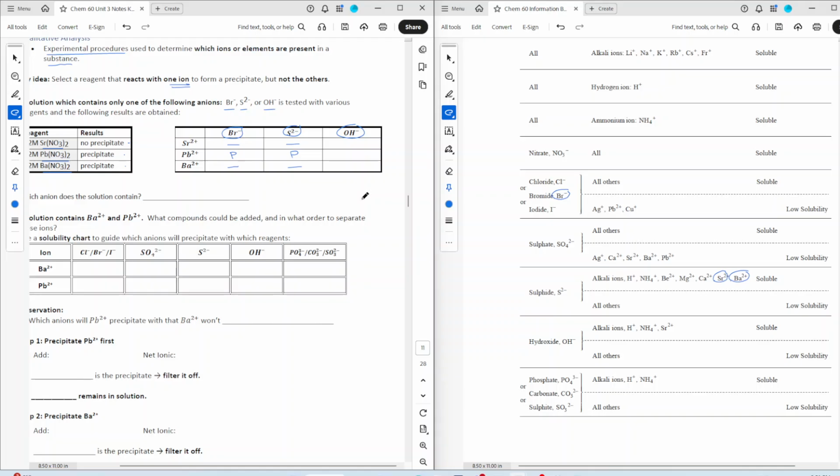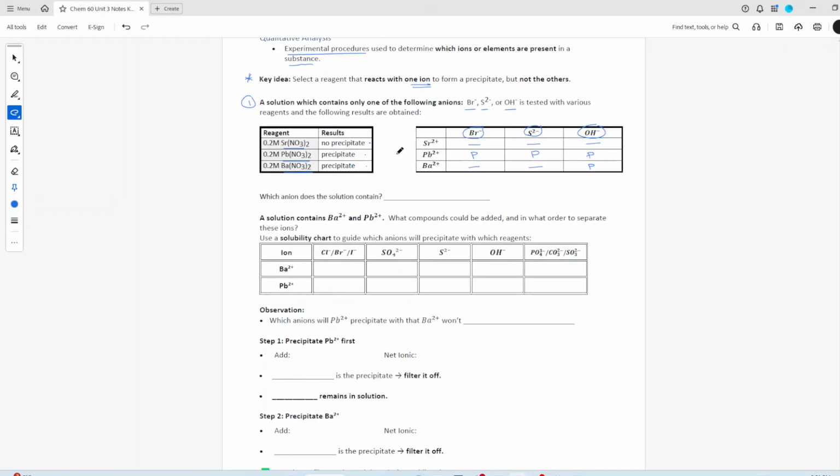Then let's look to see what happens with hydroxide. With hydroxide, it is soluble with strontium, but it precipitates with everything else. So the question is, which of these anions is present if with strontium you don't get a precipitate and with lead and barium you do?